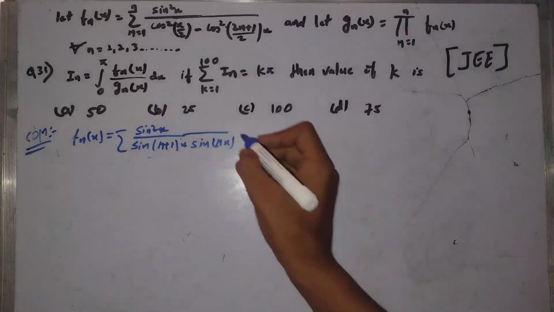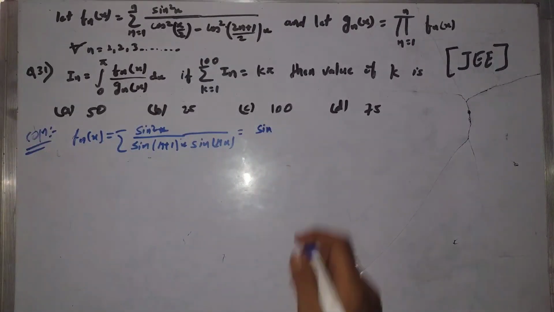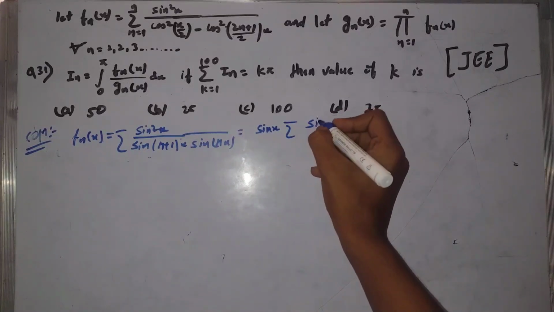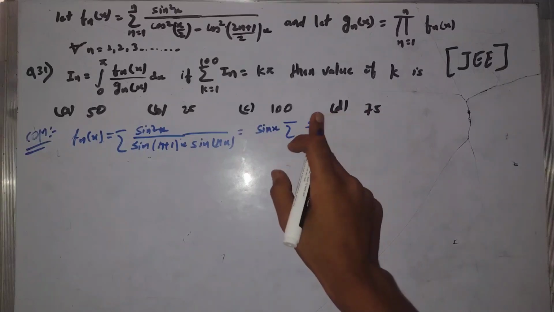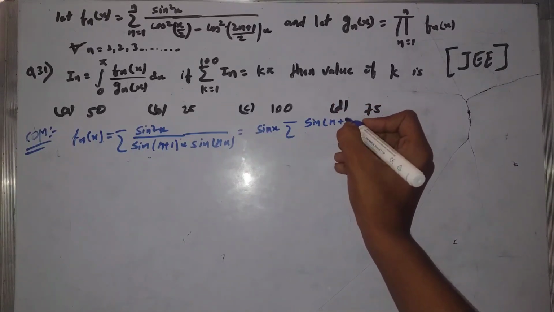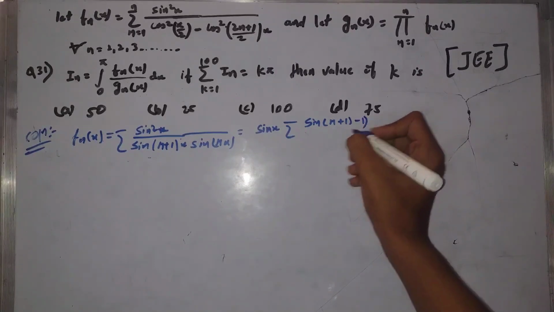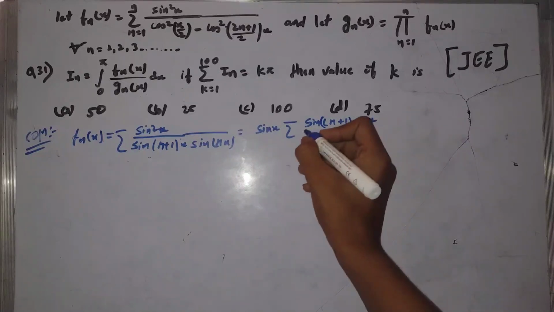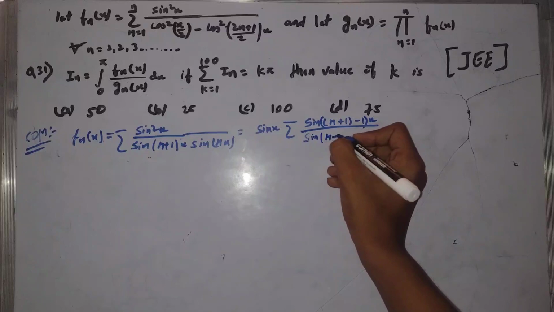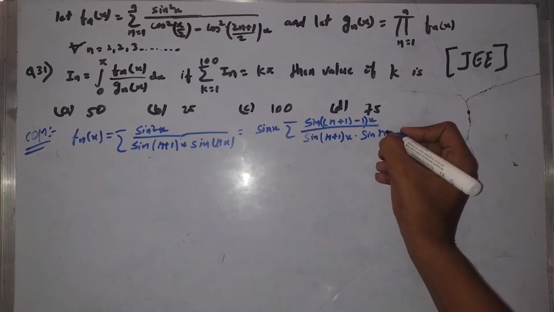To simplify it further, I'm going to take one sin x out, and this sin x I can also write as sine of (r plus 1 minus 1) into x. And in the denominator we have sine of (r plus 1)x into sine of rx.